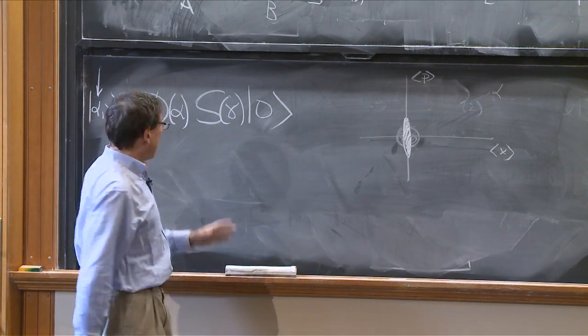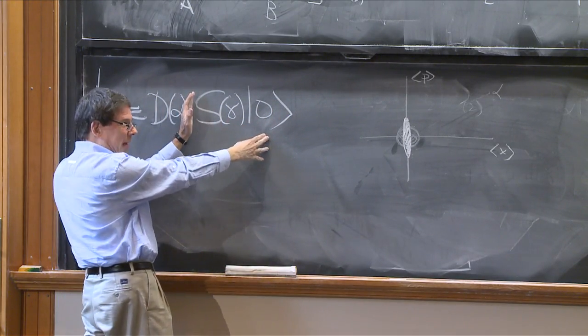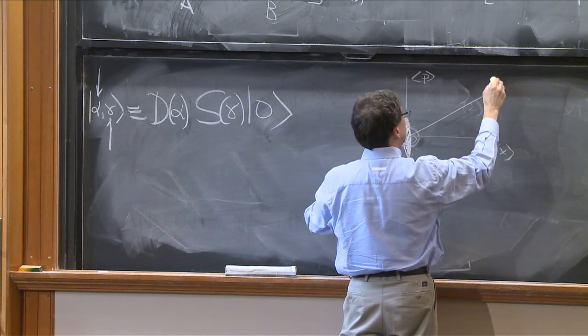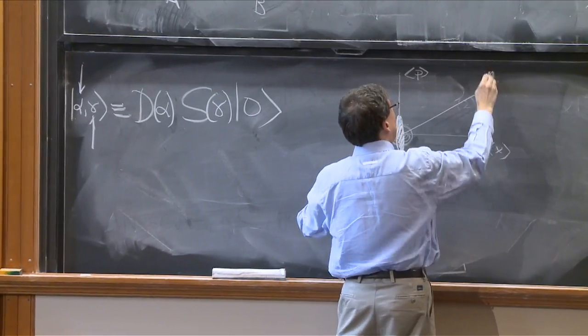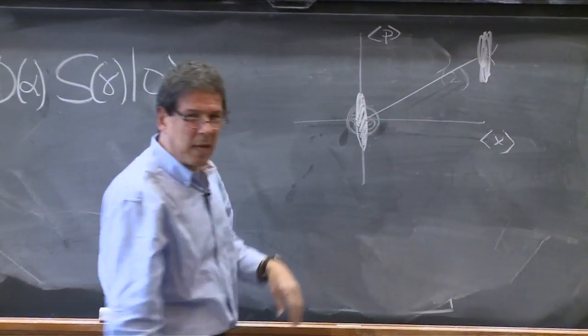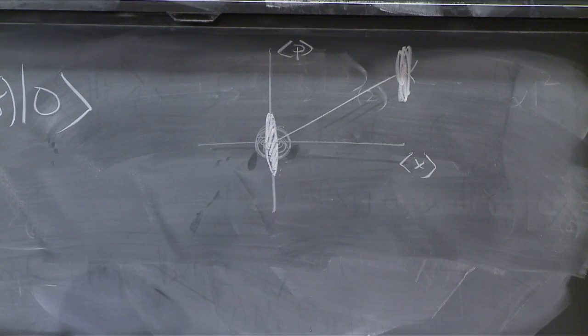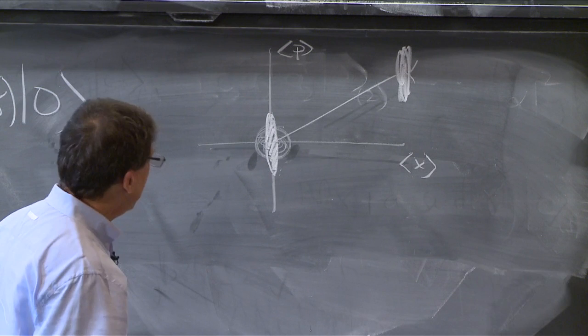That's a squeezed vacuum, by the time you apply this. And then you do the alpha, and you translate it out. And this state is now going to start rotating and doing all kinds of motions. So it's pretty practical stuff.